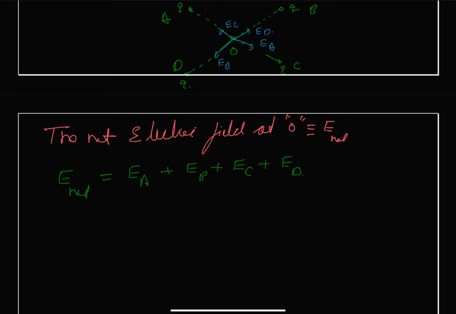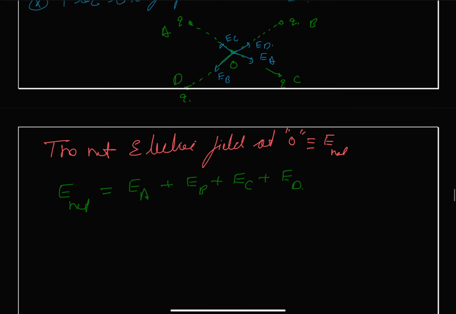Okay, so we can say that if this is our EA, so if EA is taken as positive, obviously EC will be our negative. So this is going as minus of EC.